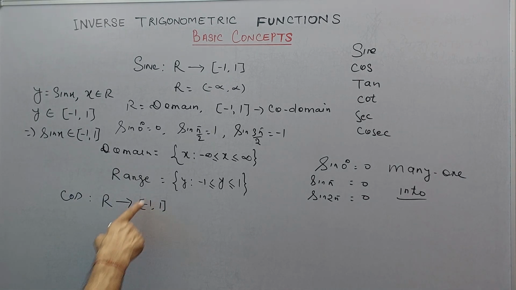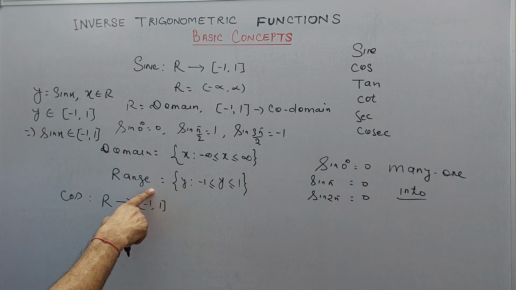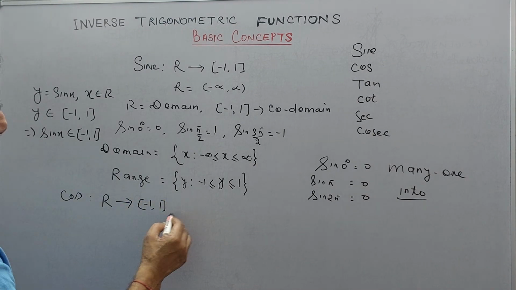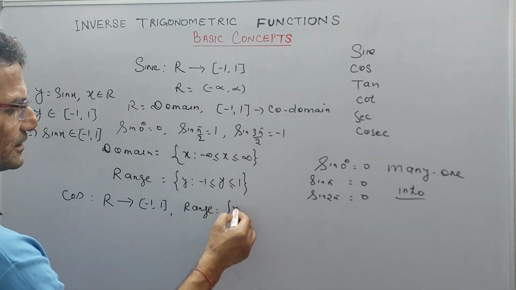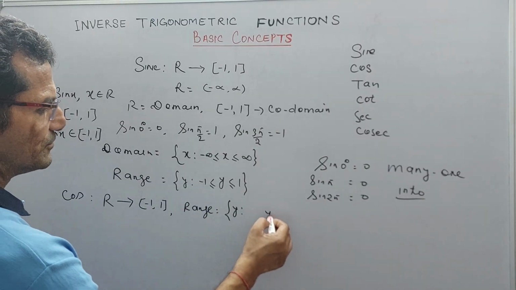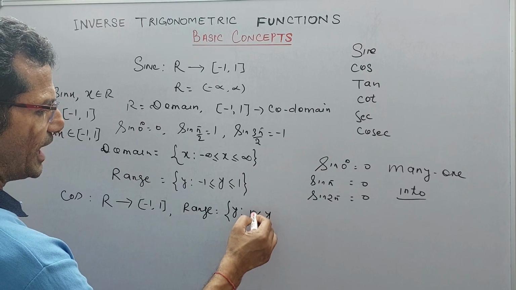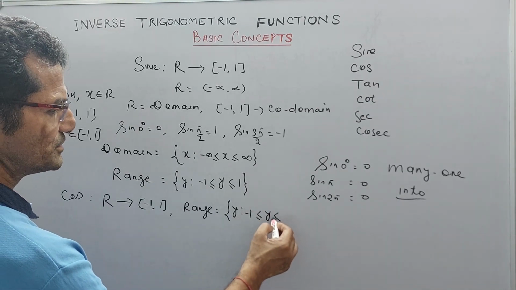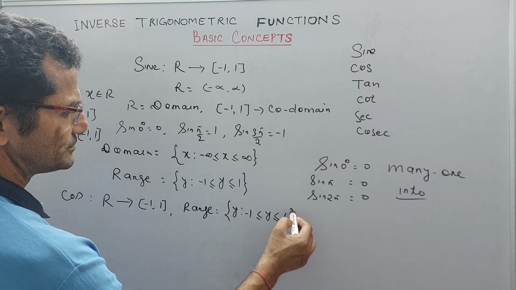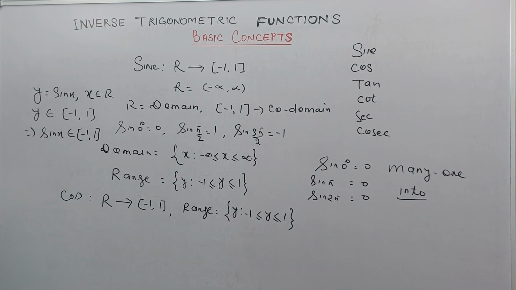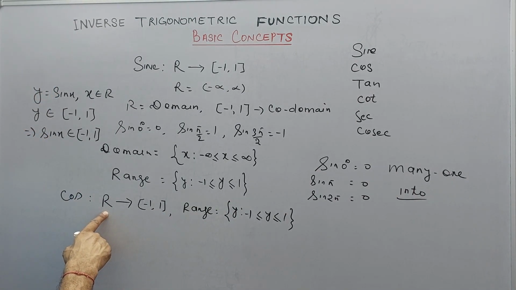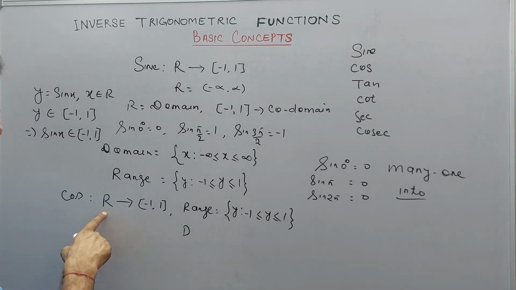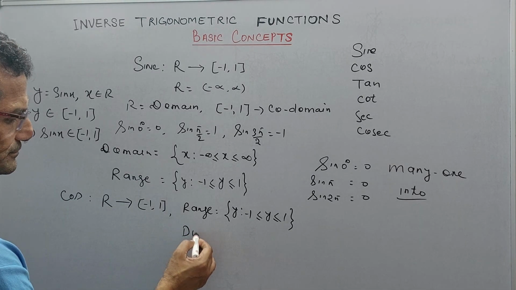The same thing happens for its range: y such that y has values from -1 to +1. This is the range, and this is the codomain, not the domain.